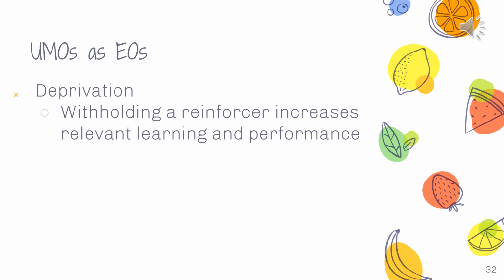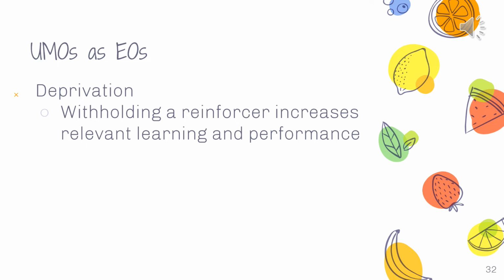Now let's look at unconditioned motivating operations as establishing operations. Again, this means that they will increase the effectiveness of some object or event as a reinforcer, and they'll increase the current frequency of all behavior that has been reinforced by that stimulus, object, or event. The term deprivation is relevant here.